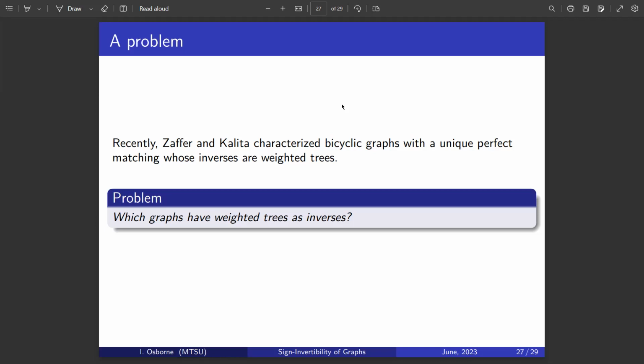So with the weighted trees, that is going to be an s-invertible graph, but it also has extra requirements on the structure of the graph. So when you get your inverse, it's not necessarily guaranteed to be connected. And so they're looking at, is it a tree or something like that?